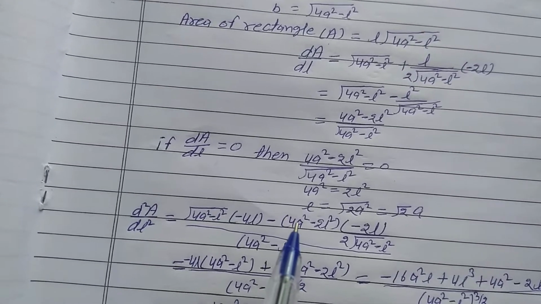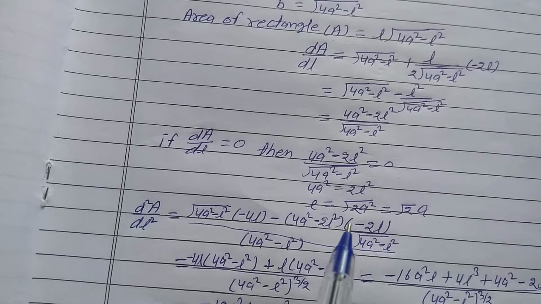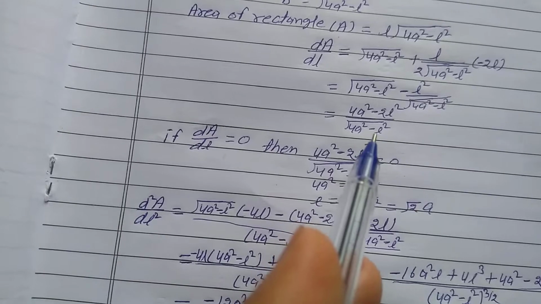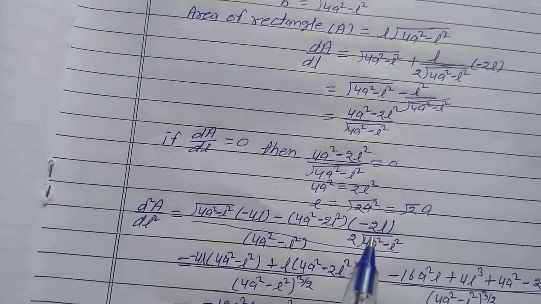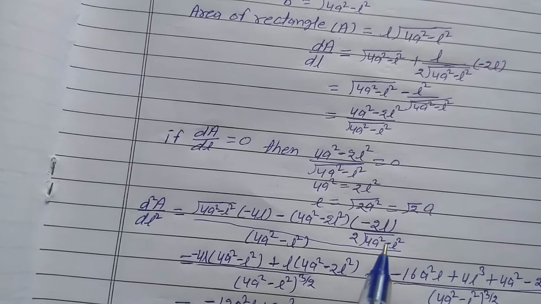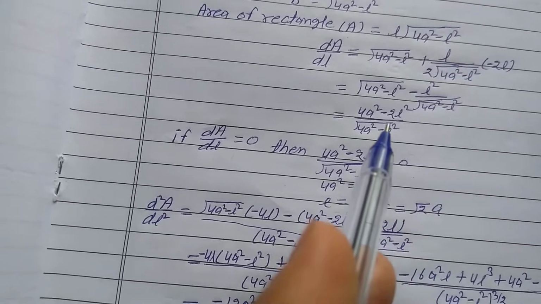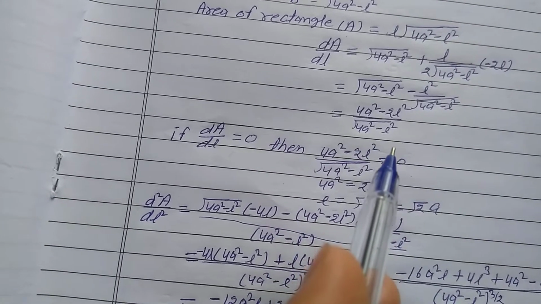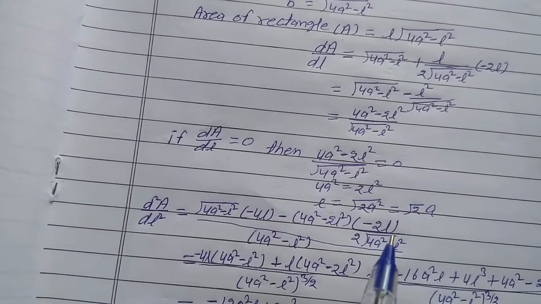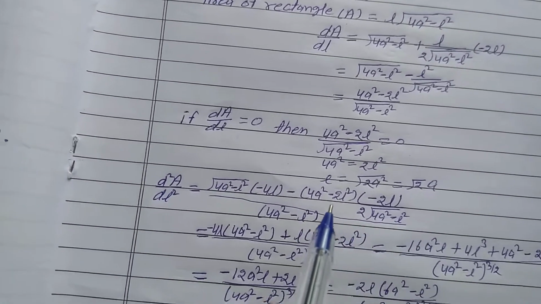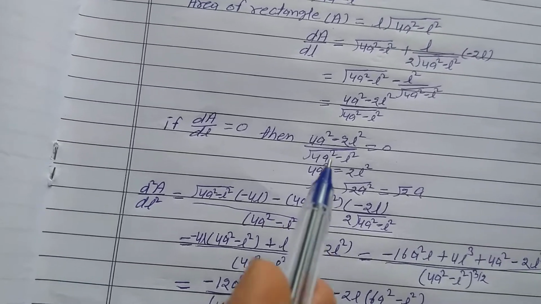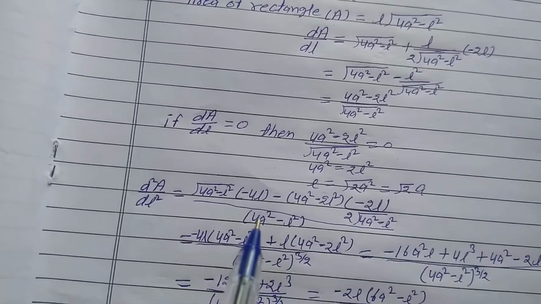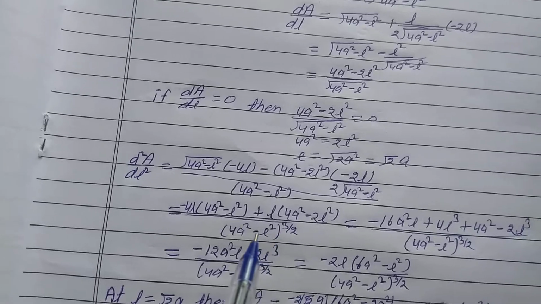U as it is, so bracket of 4A square minus 2L square, and differentiation of root of 4A square minus L square, so 1 upon 2 root of 4A square minus L square, and inside the bracket, A is constant so differentiation is 0, and minus L square differentiation is minus 2L, so minus 2L, upon V square, so root of 4A square minus L square whole square is 4A square minus L square.